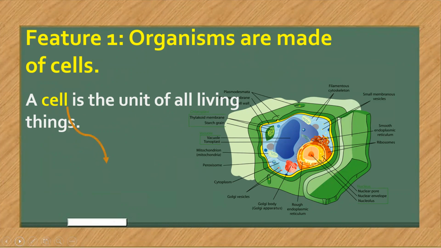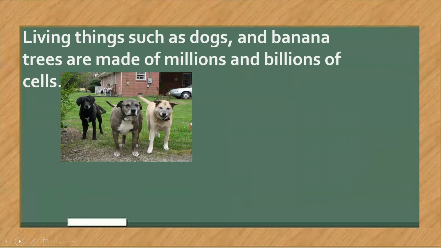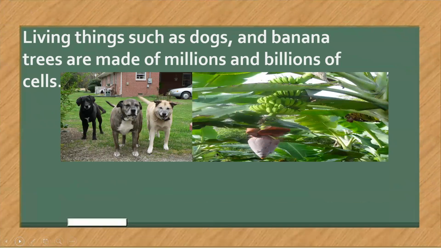A cell has nucleus, cytoplasm, and cell membrane. Living things such as dogs and banana trees are made of millions and billions of cells. These two are living organisms that are made of millions and billions of cells.